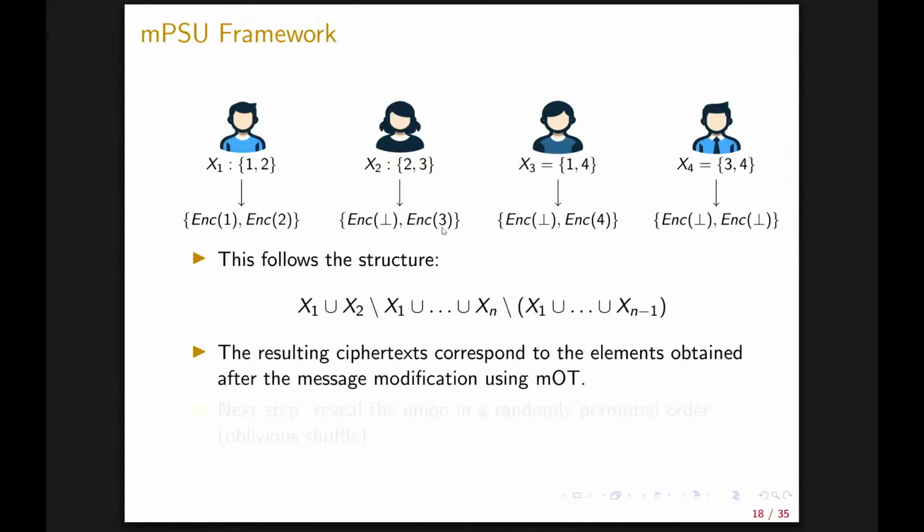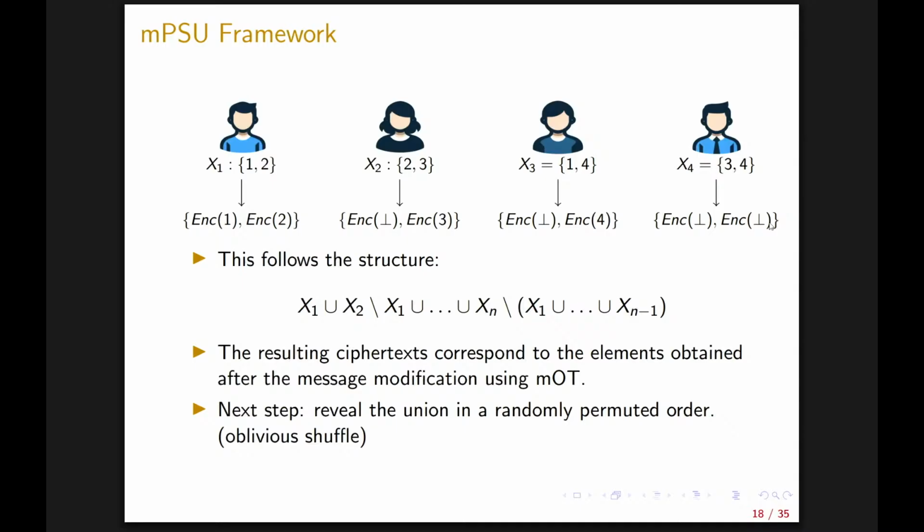So on and so forth, you have number 4, and you have the encryption of garbage and garbage, because 3 appears in X2 and 4 appears in X3. So now you are in good shape. Now you have a set of encryptions. The only thing you need to do here is shuffle them and reveal them in random order.